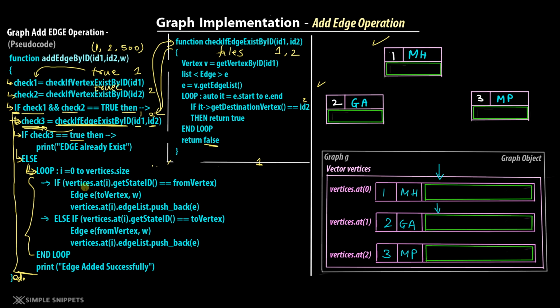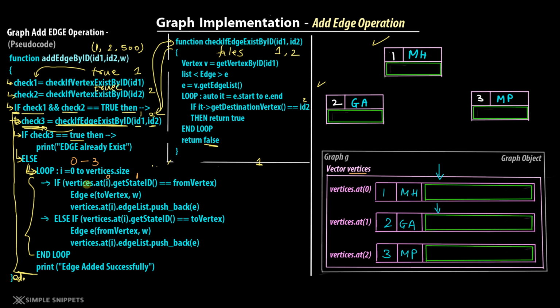Let's see what these 2 blocks do. We first say the loop goes from 0 to vertices.size. Vertices is our vector which has 3 elements, so we go from 0 to 3. Now we say if vertices at 0, initially, dot get state ID. What is the state ID at 0? It is 1.